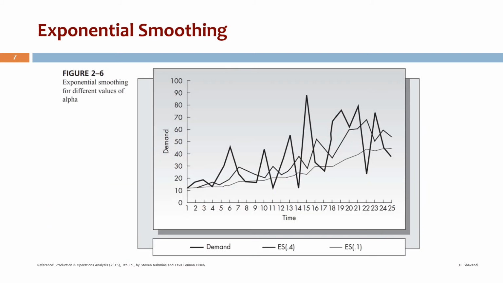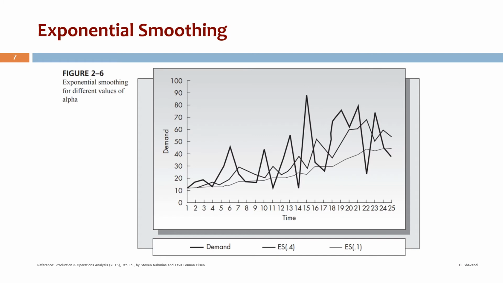If we consider a larger value for alpha, we are going to assign higher weight to the most recent observations, and this will increase the volatility of the forecast over time.